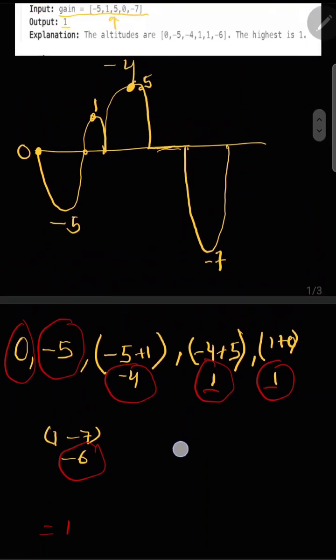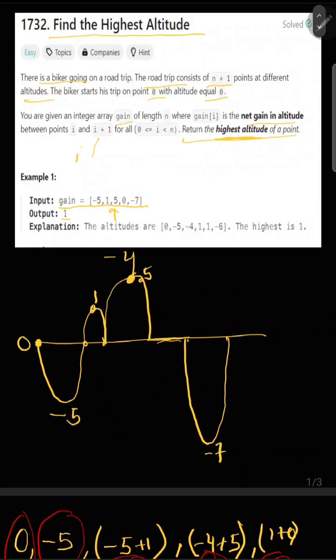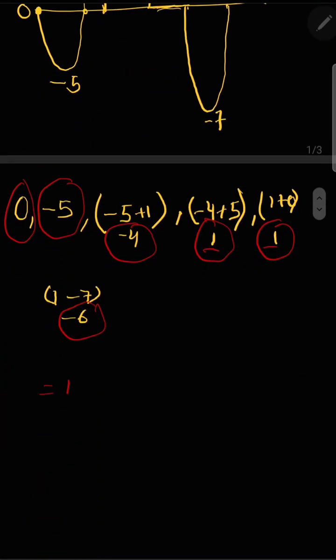So basically what we are doing here is the sum. We are finding the prefix sum of this array. The concept here is prefix sum of the array, so we are finding the prefix sum at every point.